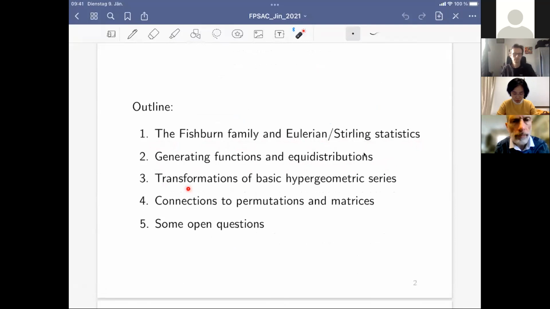Subsequently, transformations of basic hypergeometric series will be introduced to give analytic proofs of our equidistributions. And finally, our equidistributions in the context of other combinatorial structures, such as permutations and matrices, will be described. And I will finish the talk with some open questions.